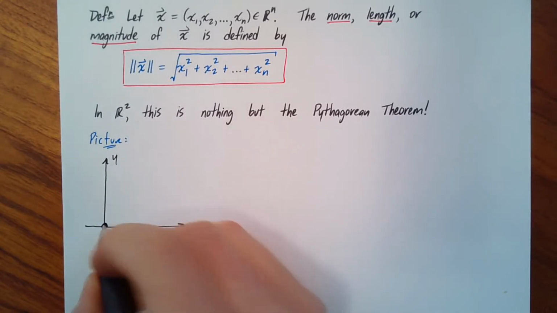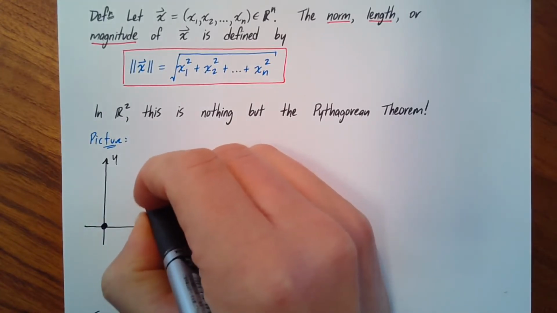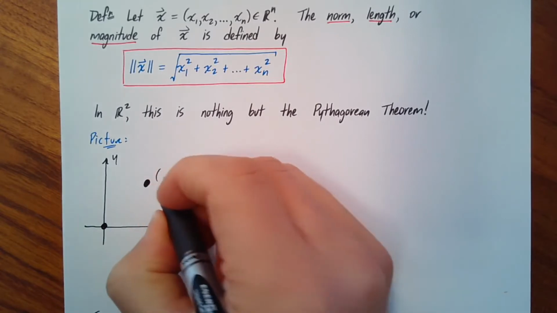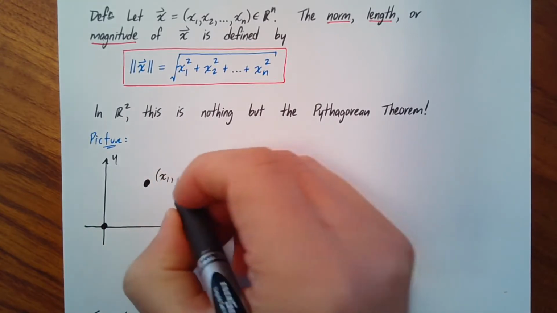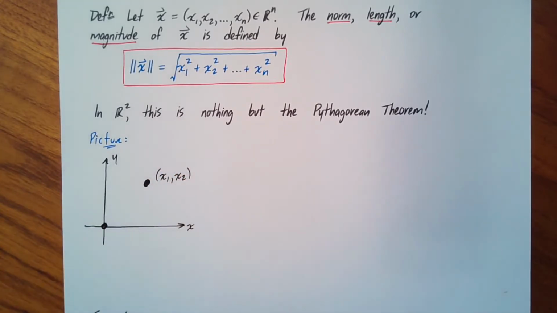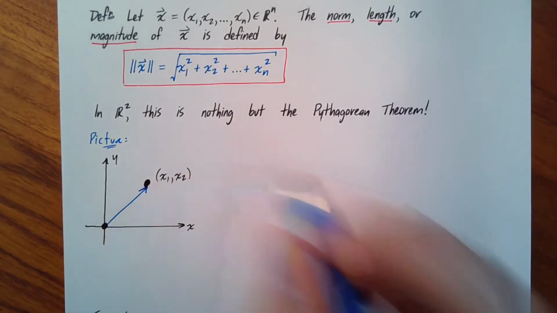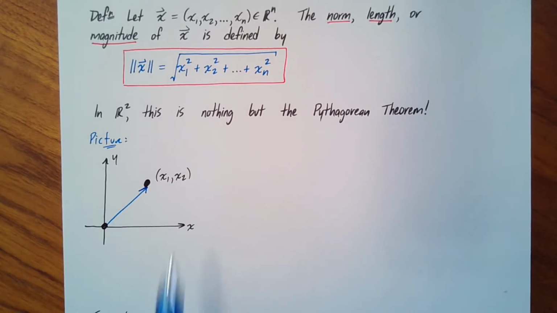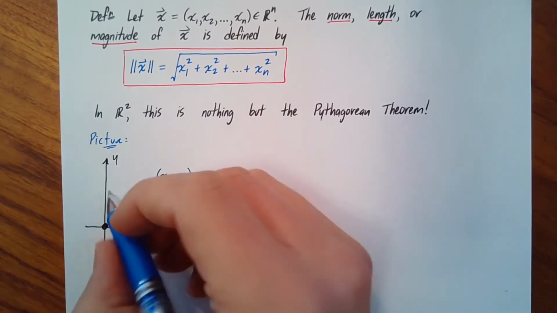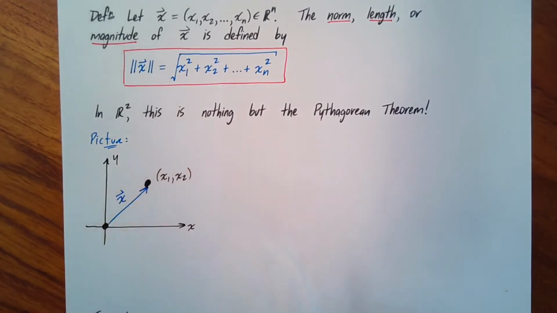And let's say it's got some terminal point out here, given by x1 and x2. So if I write it as a geometric vector from the origin to that point, it can also be expressed as a coordinate vector with those two coordinates. Okay, so let's say that's our vector x, which I'll label on the picture.